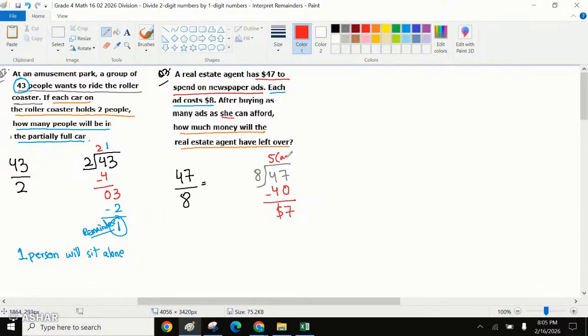So she would run 5 advertisements and she will be left with $7 as the remaining money. Agreed?